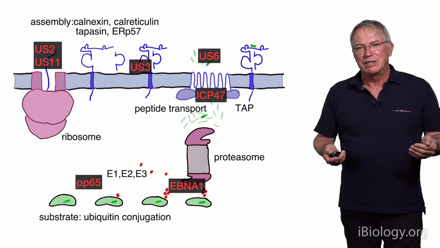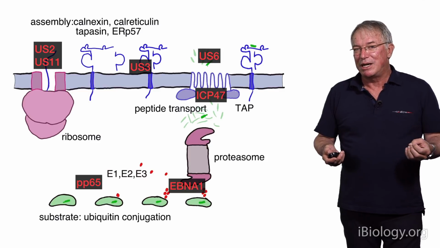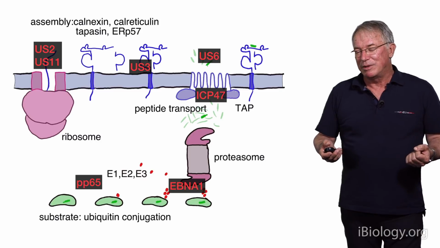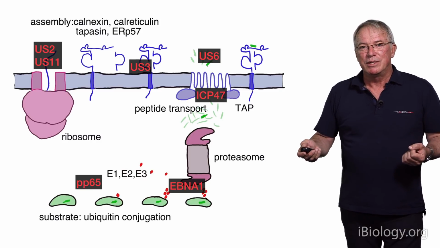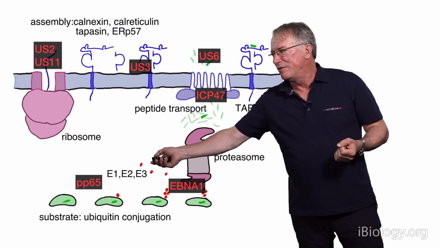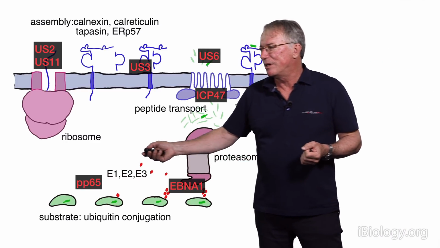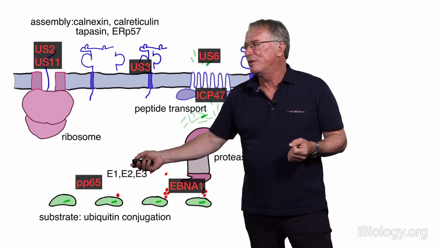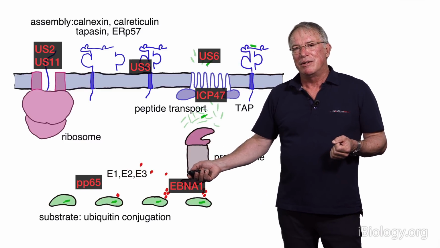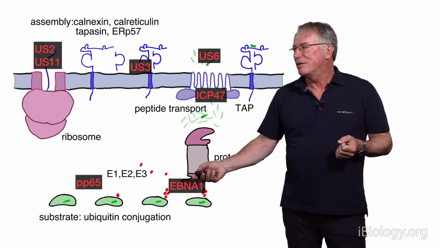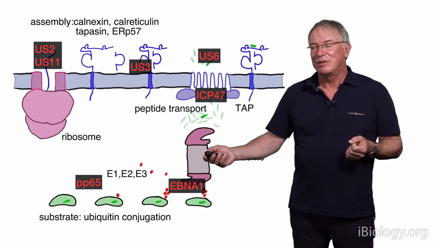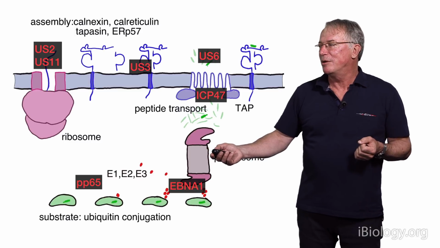And here's just an example taken from herpes viruses, one class of pathogens that once you acquire them, stay with you for the rest of your life. We have proteins such as PP65 that interfere with ubiquitination of possible targets. The virus that is the causative agent of mononucleosis, Epstein-Barr virus, produces a protein that renders viral products insensitive to proteolytic digestion by the proteasome.